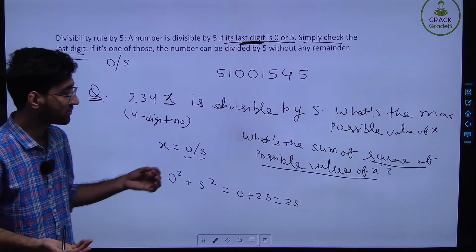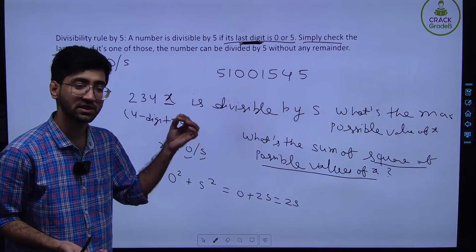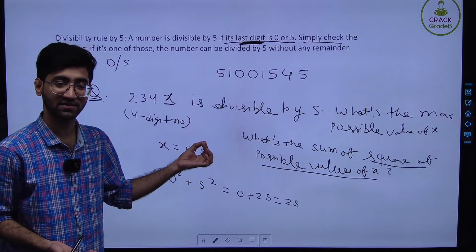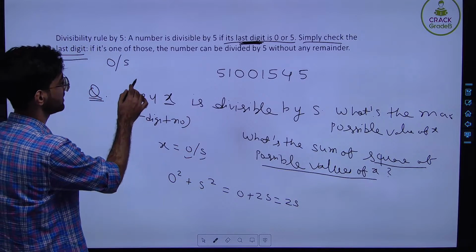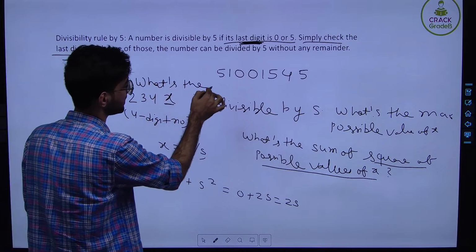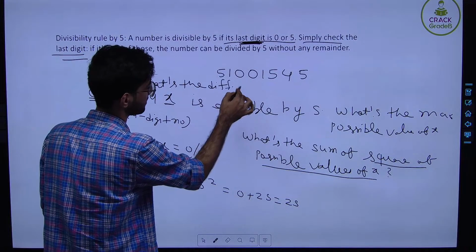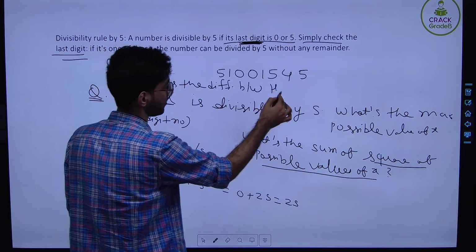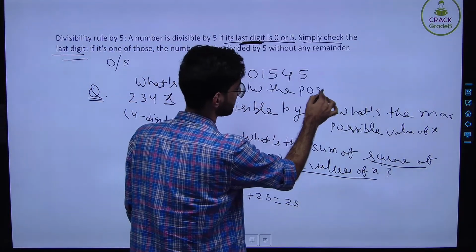Someday they can ask you, what is the difference between the possible values of x? Again, there are two values only, 0 or 5. Now you have to answer what is the difference between the possible values of x.